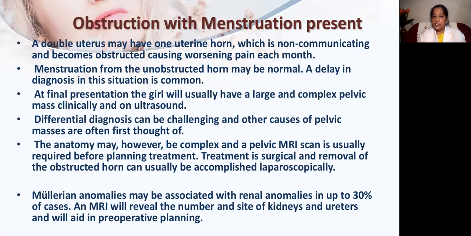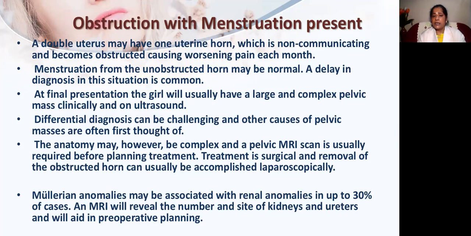Differential diagnosis in such a situation is challenging, and other causes of pelvic masses are often thought of. The anatomy may be complex, and a pelvic MRI is usually required for planning treatment. Treatment is surgical removal of the obstructed horn, and this can be done laparoscopically as well.